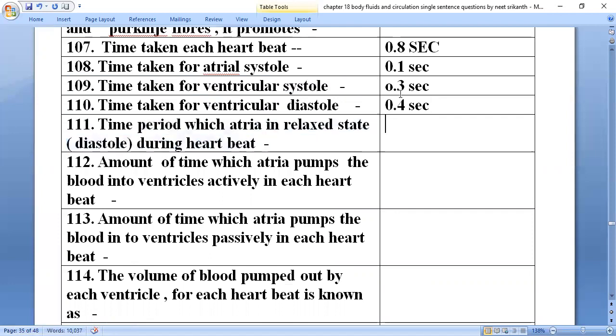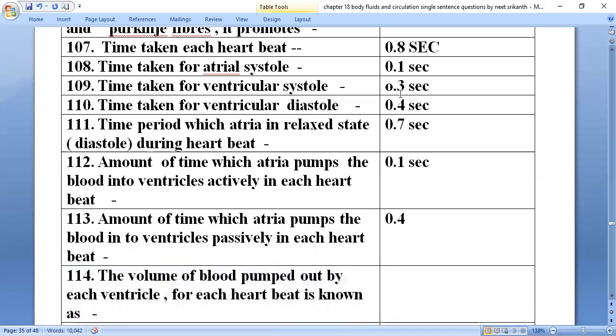Time period during which atria are in relaxed state during a heartbeat, 0.7 seconds. Amount of time which atria pump the blood into ventricles actively in each heartbeat, 0.1 second. Amount of time which atria pump the blood into ventricles passively in each heartbeat, approximately 0.4 seconds, passive filling.